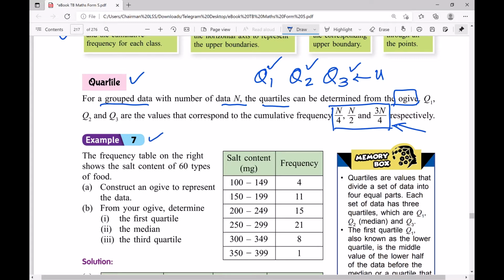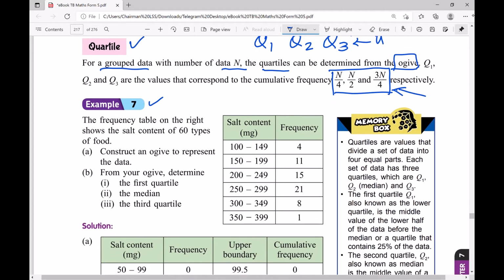Now example 7: you have a frequency table with the salt content of 60 types of food. You have the classes and also the frequency. You are asked to construct an Ogive to represent the data. So remember what you need to construct an Ogive. What do you need?